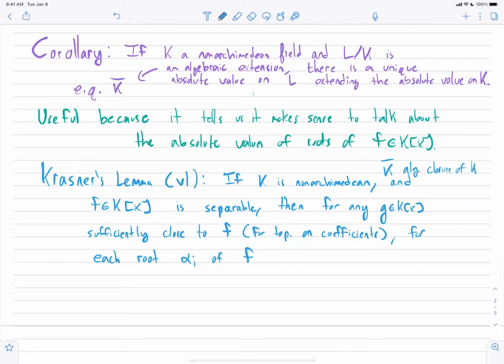For each root alpha_i of F, there is a unique closest root beta_i of G to alpha_i. And so these two roots generate the same extension.